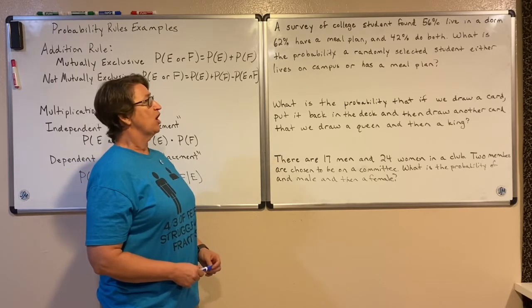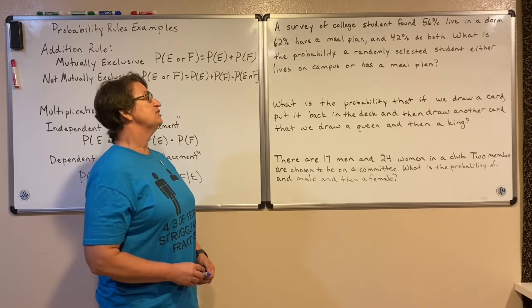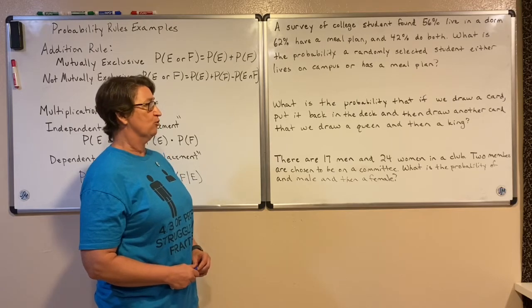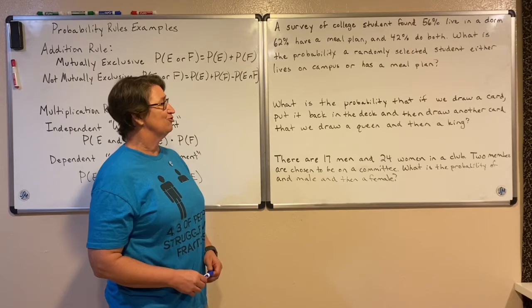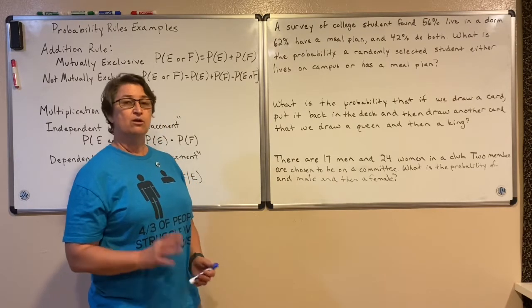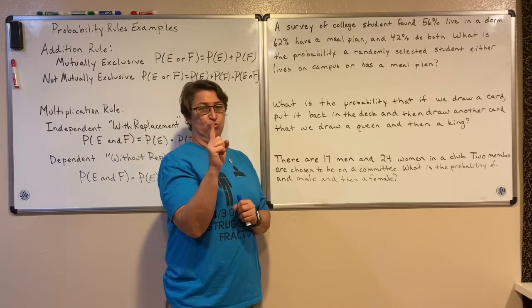A survey of college students found that 56% live in a dorm, 62% have a meal plan and 42% do both. What's the probability that a randomly selected student either lives on campus or has a meal plan? Notice that we're only going to randomly select one student.